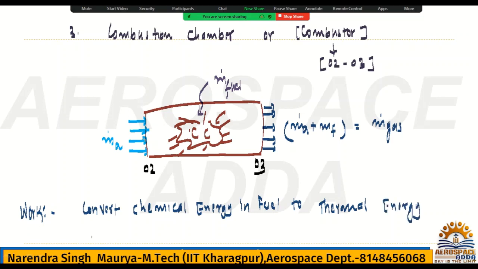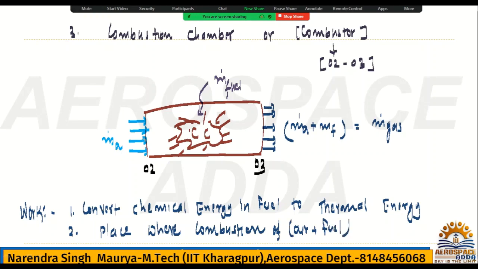Number two, it is the place where combustion of the air plus fuel mixture, the combustion products, occurs.